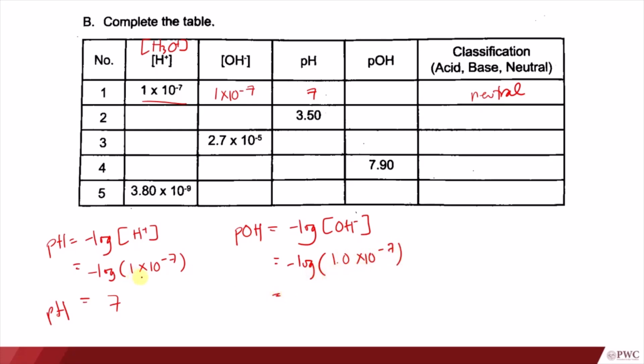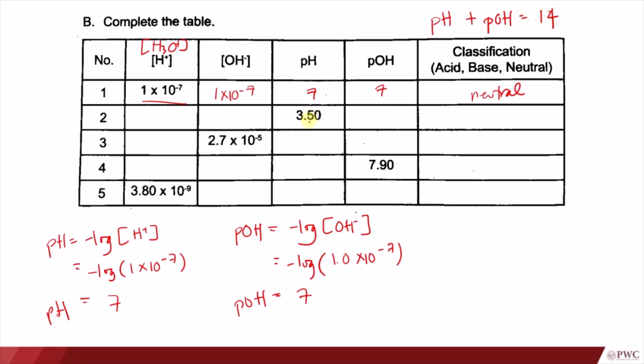This is the same with this one, right? So this is also equal to 7. So the pOH here is equal to 7, and the pH here is 7. This one is obviously neutral. And please remember that the sum of pH and pOH is equal to 14. So obviously here, 7 plus 7 is 14, which is correct.